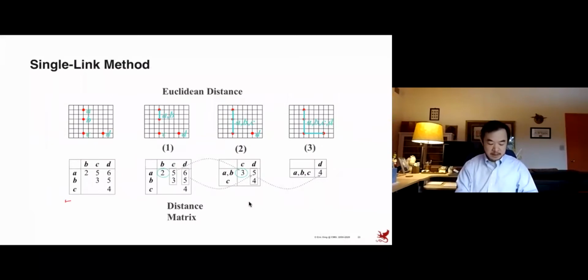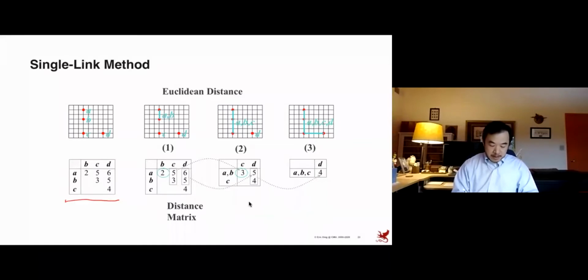Say it is given. I have these 4 points, and their pairwise distances are all computed. Let's say we want to use the Euclidean distance, and these are the numbers I could pre-compute. Now let's look at the single link.